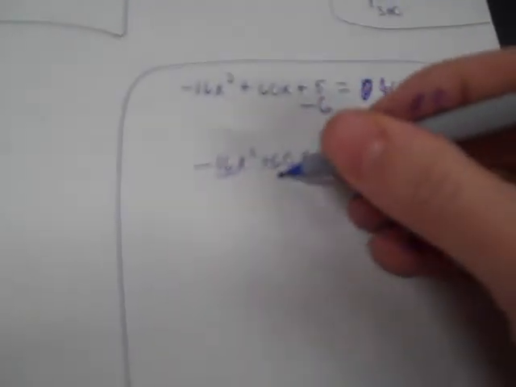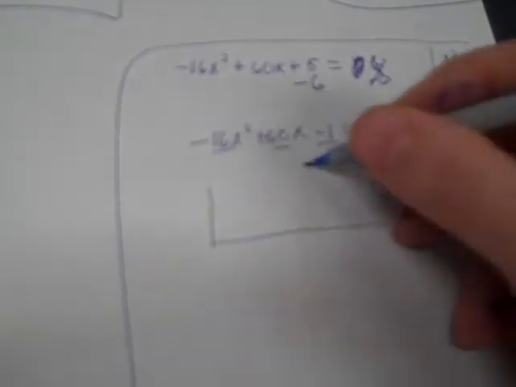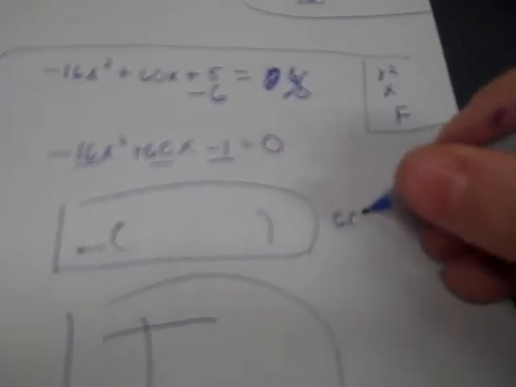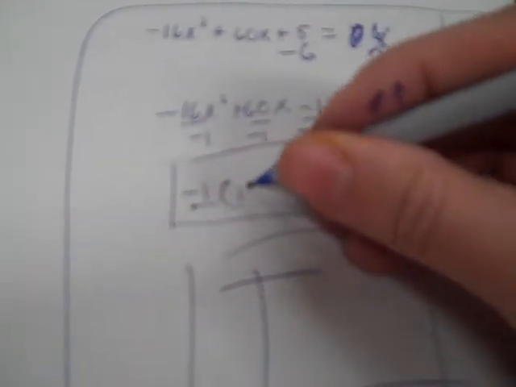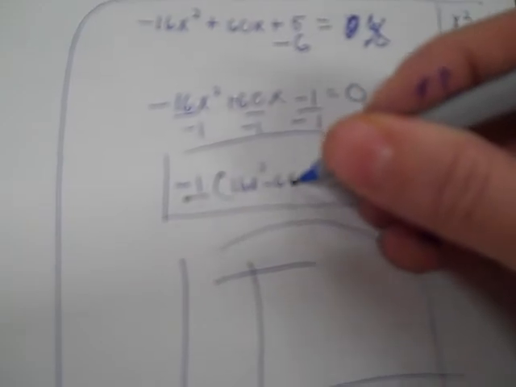So there's 3 terms. So GCF and the T-chart. Okay, GCF, you got a negative in front? Yep. You got X on everything? No. 16, 60, and 1 is 1. So negative 1's out. And then that will switch that: 16x squared minus 60x plus 1.